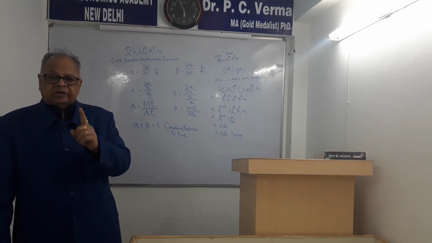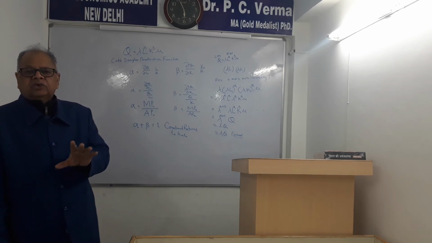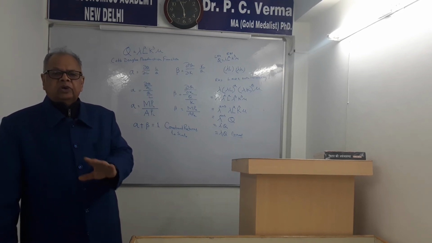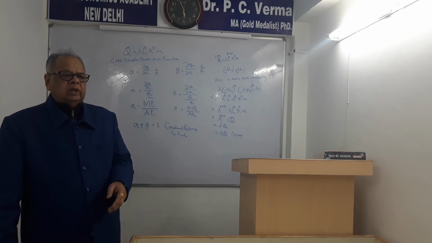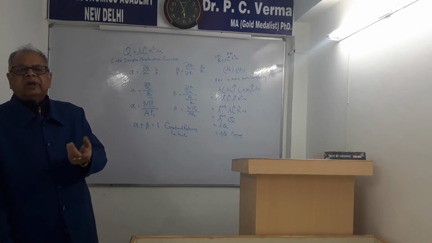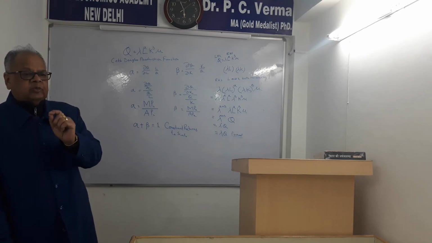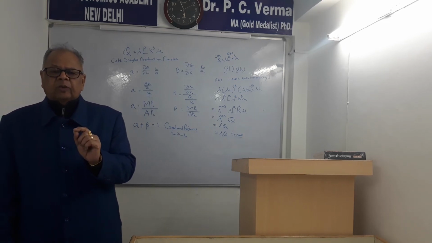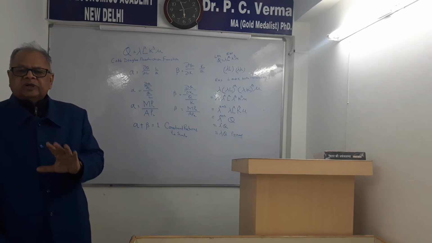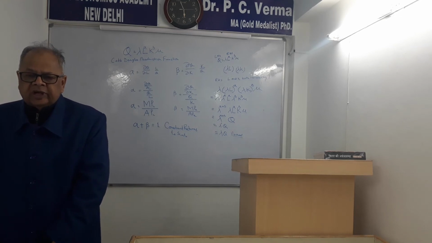This is the first property, and I think it is clear to you. If you read it 1 or 2 times, you will solve it in 2 or 3 minutes. Now write down the second property of Cobb-Douglas production function.